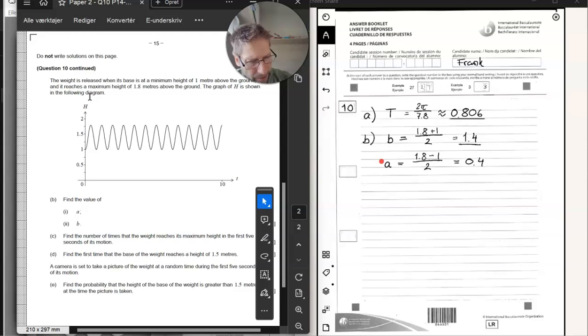So in fact, what we have found here is the absolute value of a, which is correct, but since h of 0 is a minimum, we can conclude that a is actually equal to minus 0.4. And that's how to get the other mark in this question.